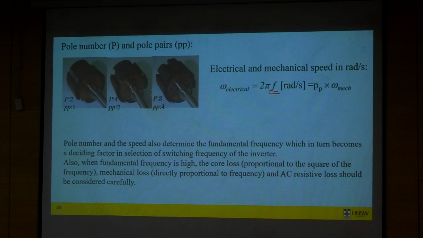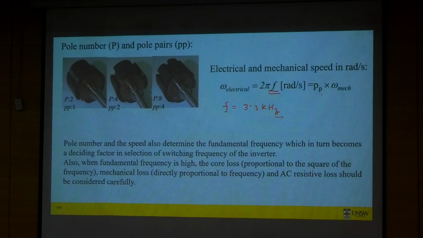If you have a very high fundamental frequency, your switching frequency in the inverter may not be sufficient. I can give you an example, our 100,000 RPM motor. It has 4 poles, and the fundamental frequency of that motor is about 3.3 kilohertz. If the fundamental is 3.3 kilohertz, you definitely need a very high switching frequency. 5 kilohertz will not do. 10 kilohertz will not do.